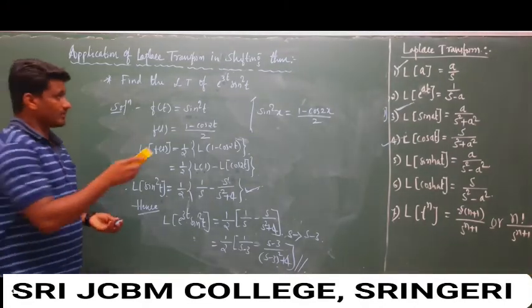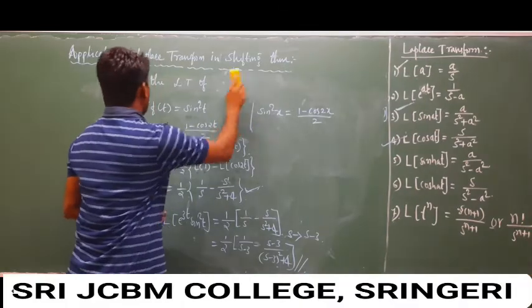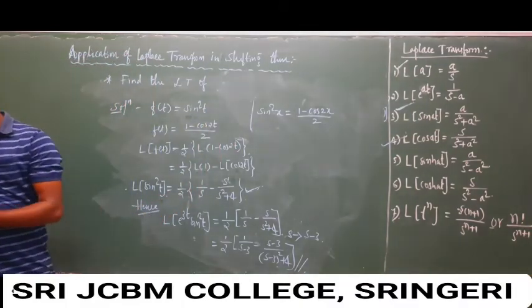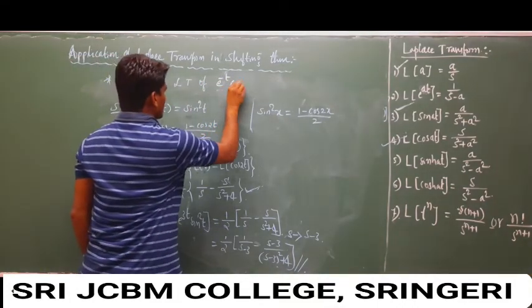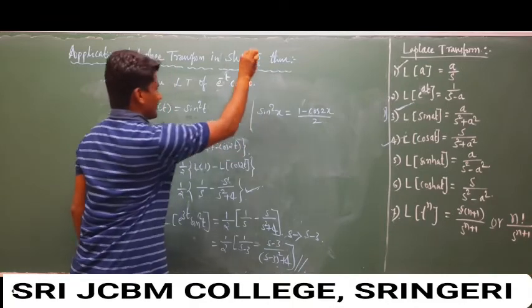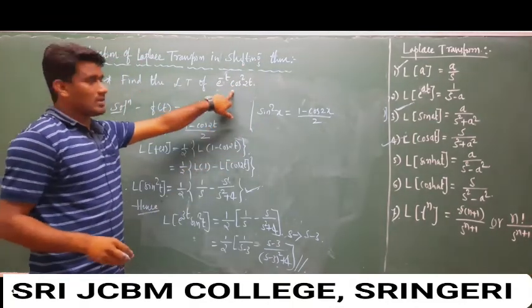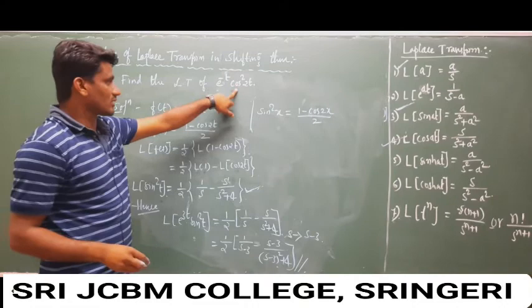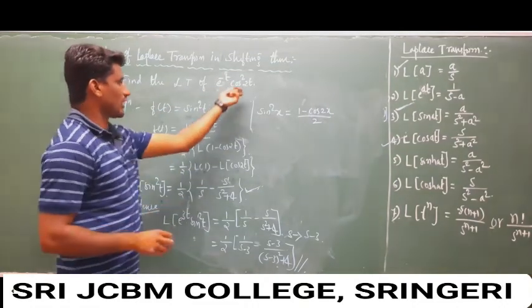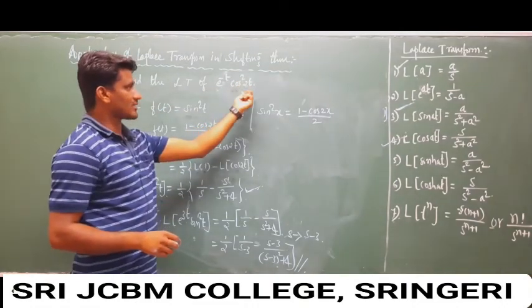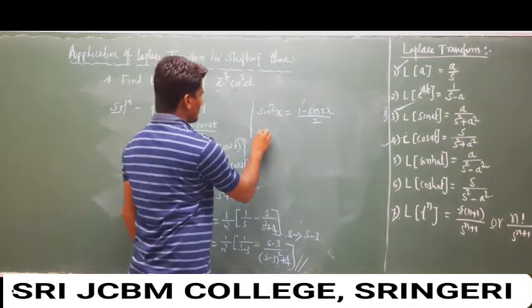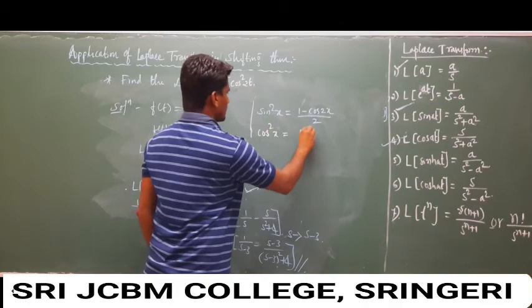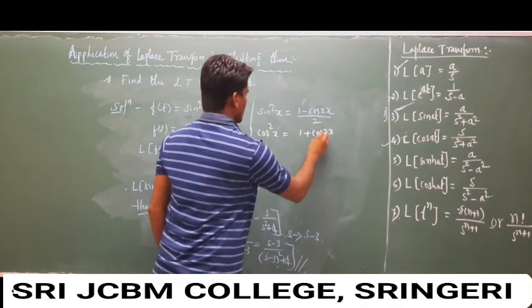And try it yourself: find the Laplace transform of e to the power minus t cos square 2t. Simply, with the help of the trigonometric double angle formula, we calculate sin square x and cos square x, and cos square x is nothing but 1 plus cos of 2x over 2.